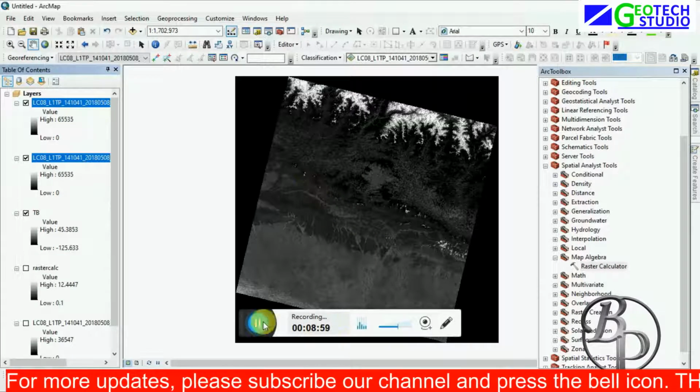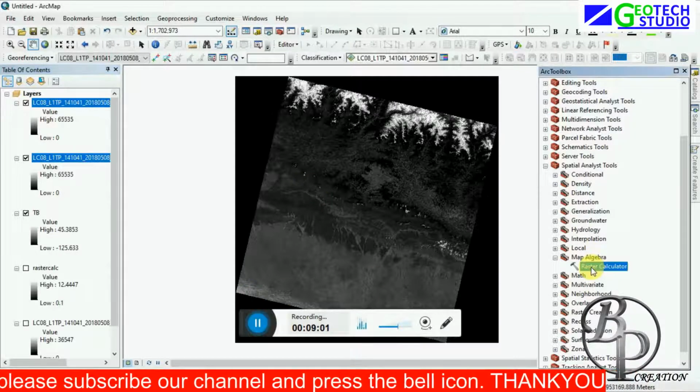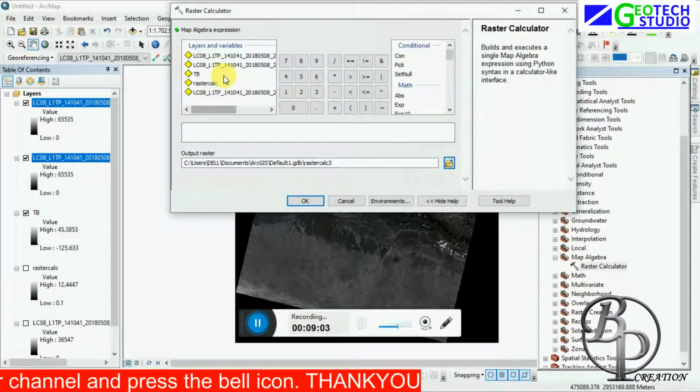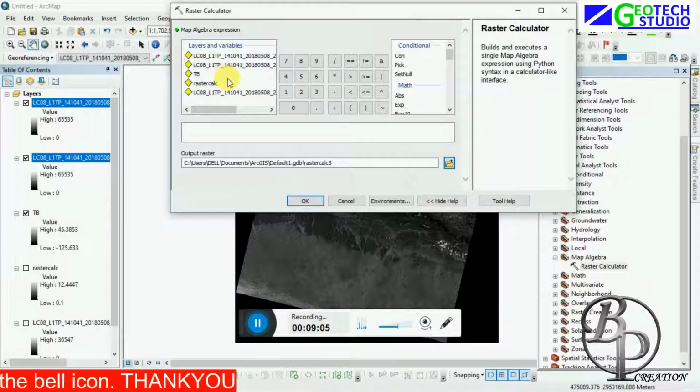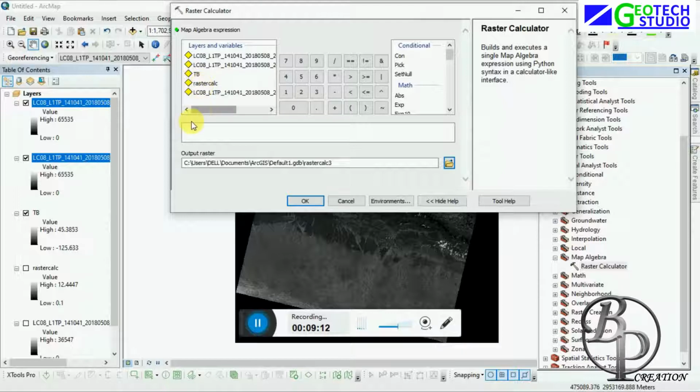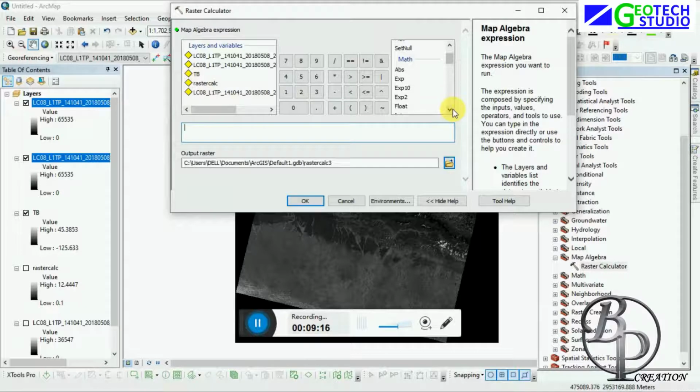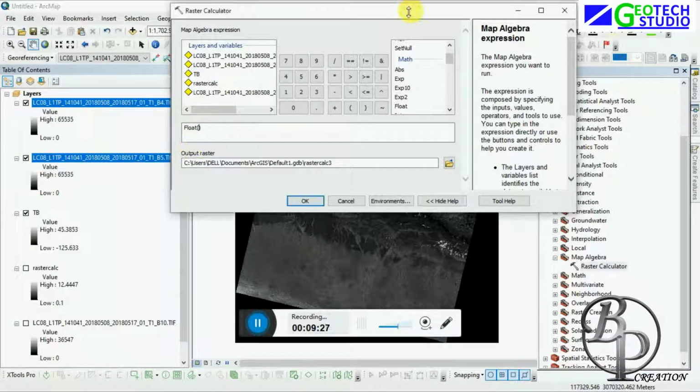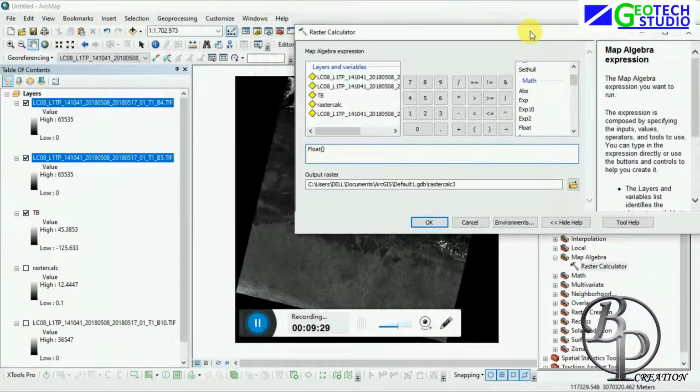Now I am going to run the mathematical tool in the raster calculator tool. Here I am going to use the mathematical function float, open bracket, band 5 minus band 4, divided by float, band 5 plus band 4.